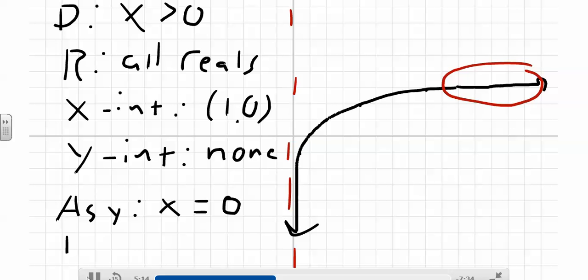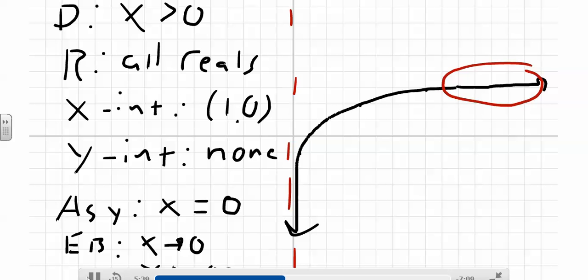And then our end behavior. End behavior is going to be a little bit different for this one. On the left end, the graph doesn't go to negative infinity. The x actually gets close to 0, close to that asymptote. So as x approaches 0, y goes down to negative infinity.